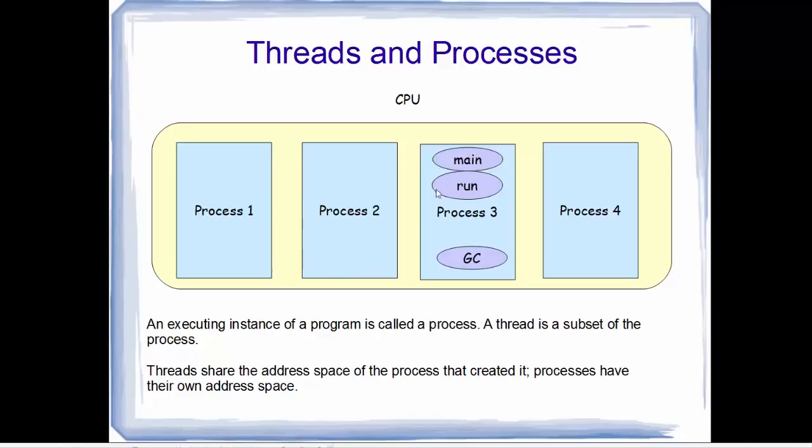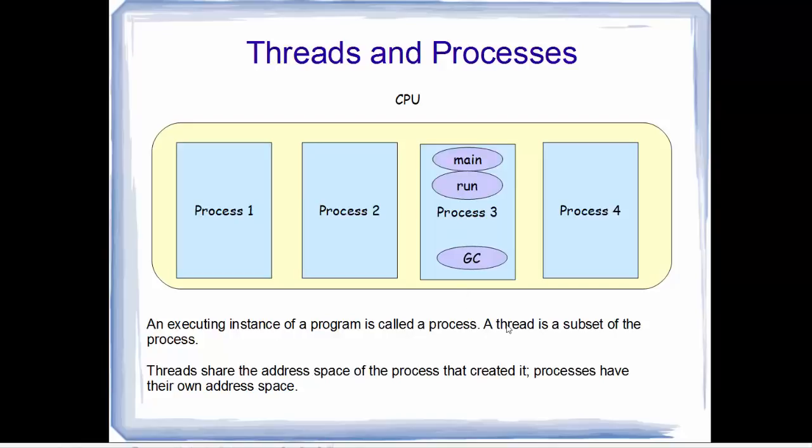For example, we take process 3, which is running Google Chrome, and this process can run different threads. Different tabs are running on the basis of different threads, right? So a single process, for example Google Chrome, is running different tabs, that is, different threads, right?